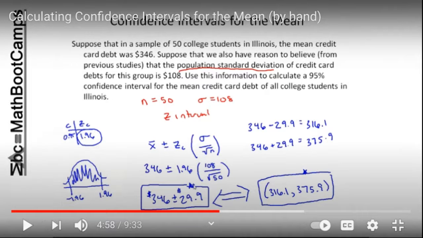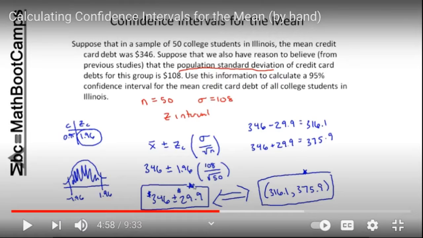As I mentioned in the last class, I'm going to look for this in your test, the exam, and the case study: remember there's a question being asked here. The question in this case is to use the information to calculate a 95% confidence interval for the mean credit card debt of all college students in Illinois. So she has found the confidence interval 316.1 to 375.9.